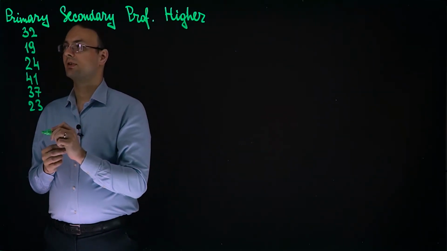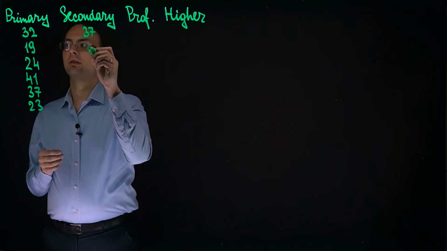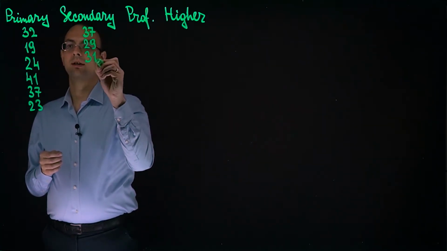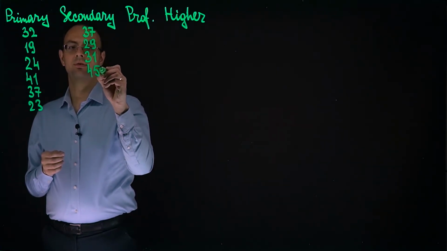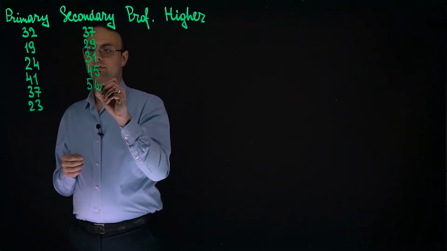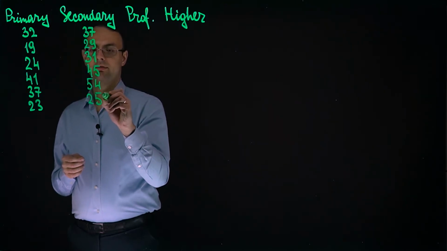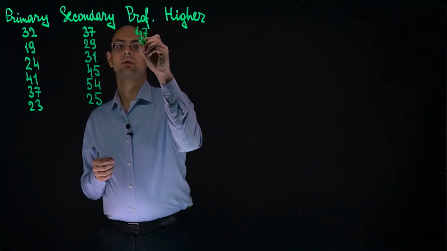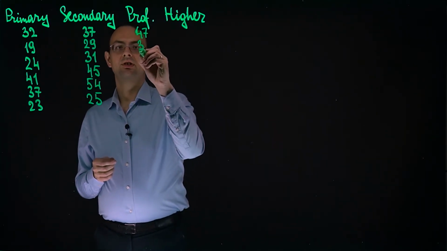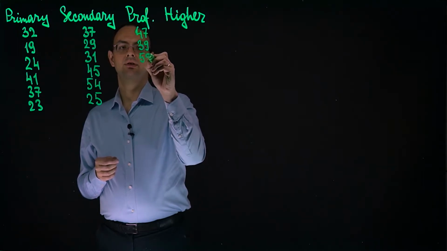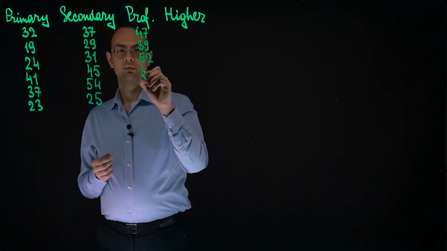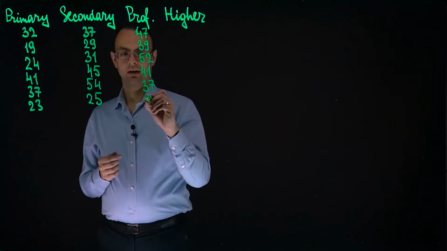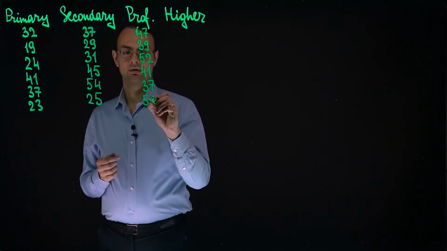For secondary education: 37, 29, 31, 45, 54, and 25. For professional education: 47, 39, 52, 41, 37, and 51.